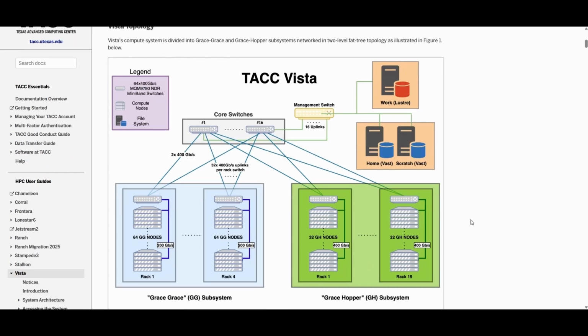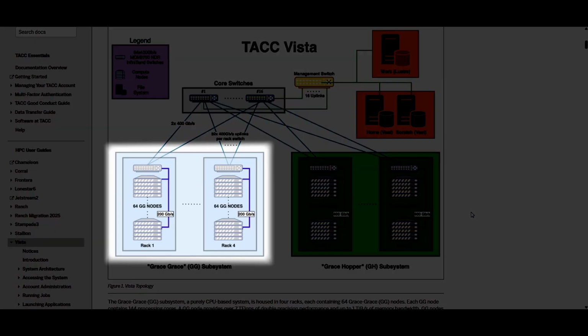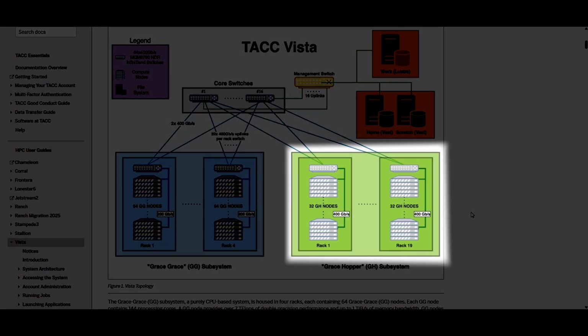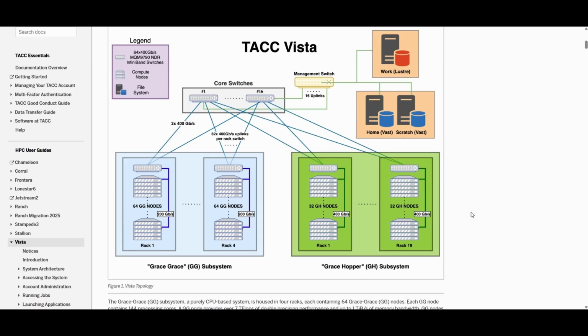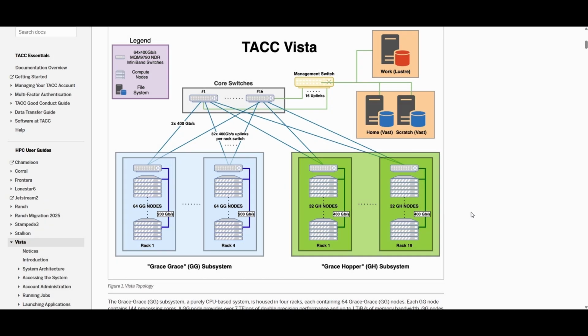In Vista, there are two types of compute nodes: Grace, which are pure CPU, or Grace Hopper nodes, which host one Grace ARM chip and one NVIDIA H200 GPU. These connect to the storage nodes, which are a vast file system that host users' home and Scratch directories.